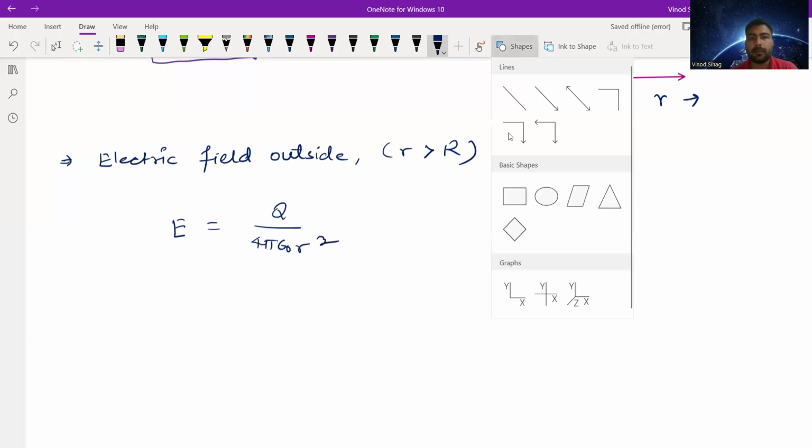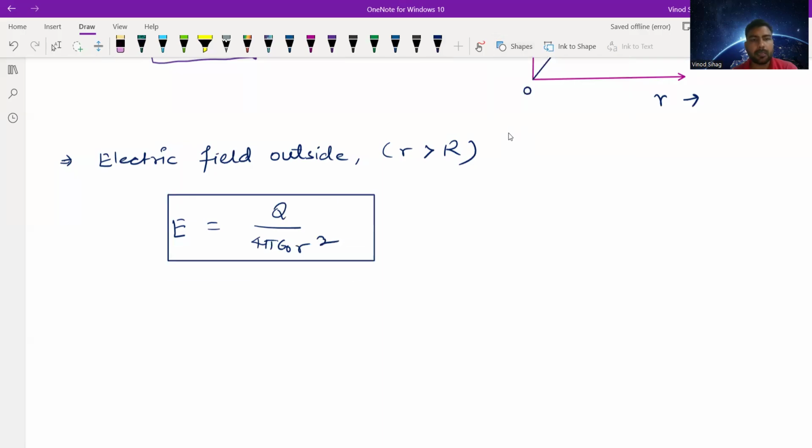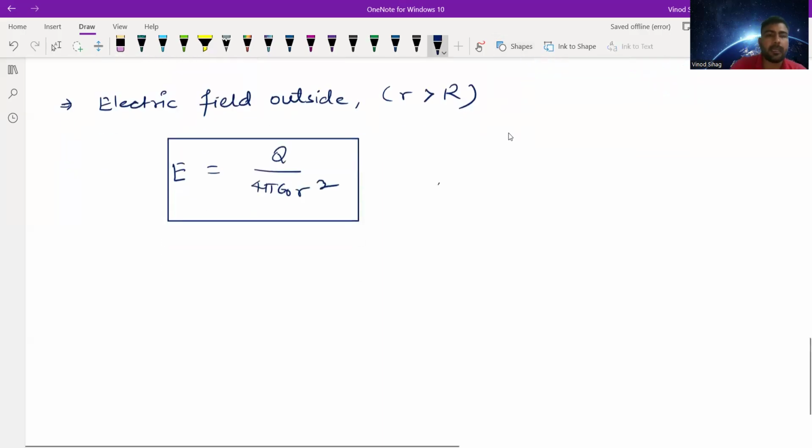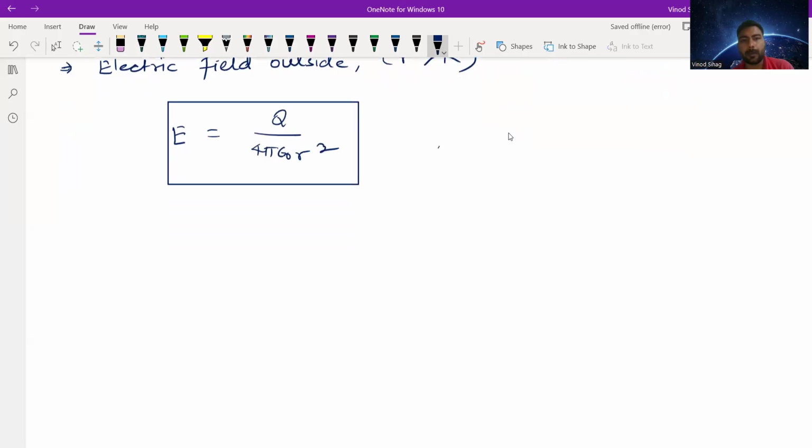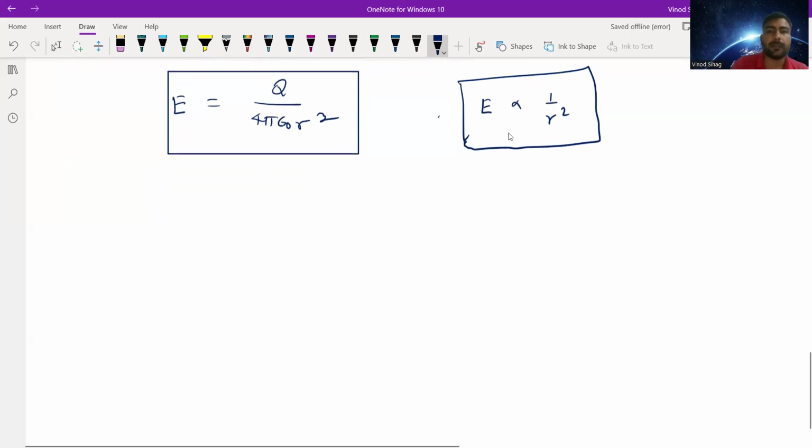And if we write the dependency, then it is E proportional to 1 upon r square. Sorry, we can say that the electric field is inversely proportional to the square of the radius of the Gaussian sphere, the bigger Gaussian surface which we take for the solid sphere.